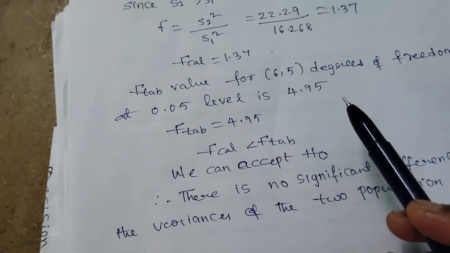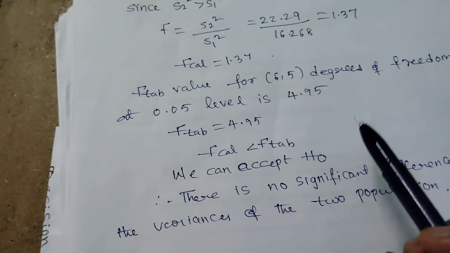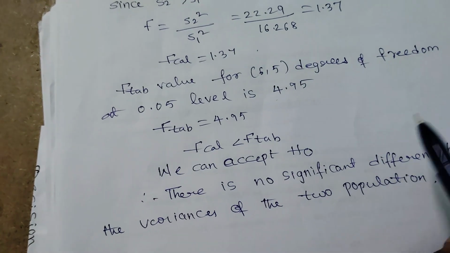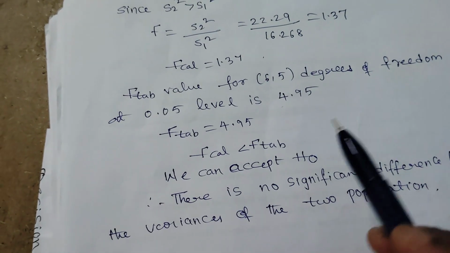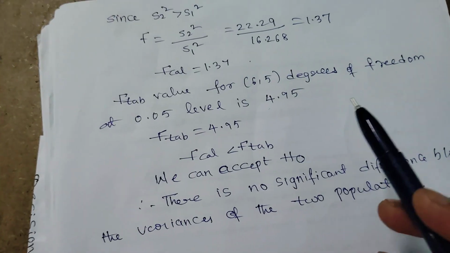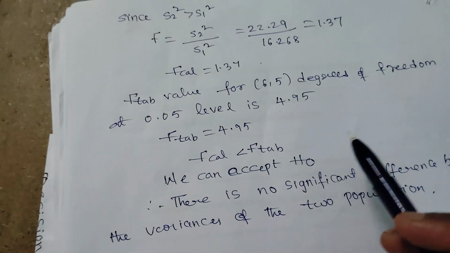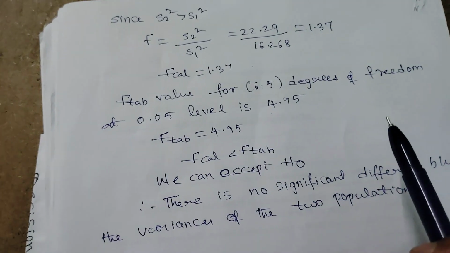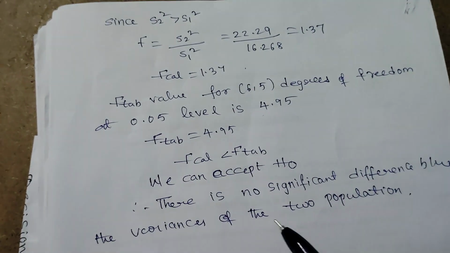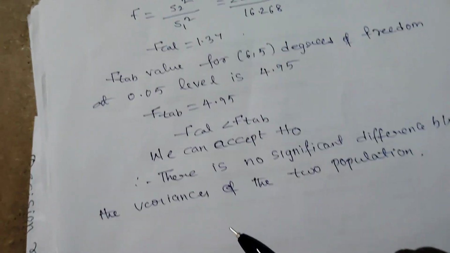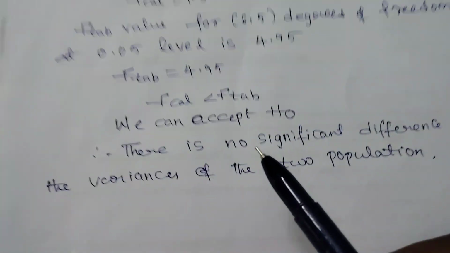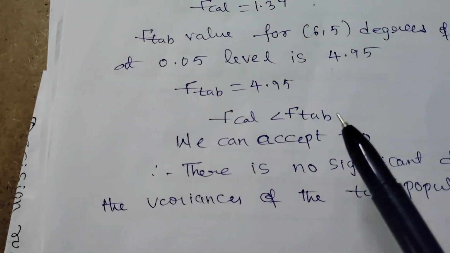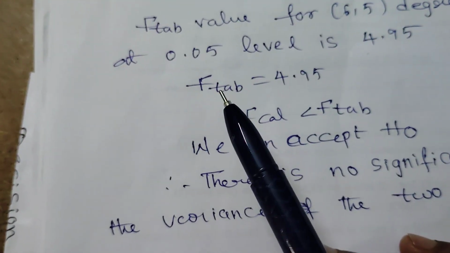For 0.05 there is one F table, for 0.01 the F table is different, so we need to check the heading. If the table is for 0.05, we take the v1 and v2 values, v1 row wise and v2 column wise. Then the intersection point of the two values is our table value.